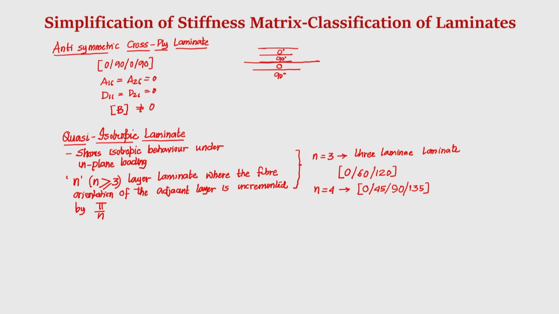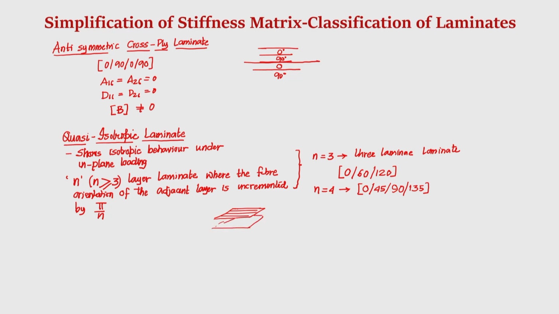Similarly, you can have n is equal to 5 also, and you can keep on increasing that. The increment in the fiber orientation angle will be by pi by n. For a 3 layer laminate, how does it look? First layer is 0 degree.